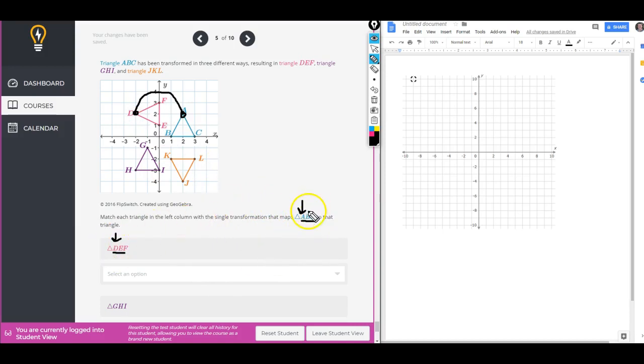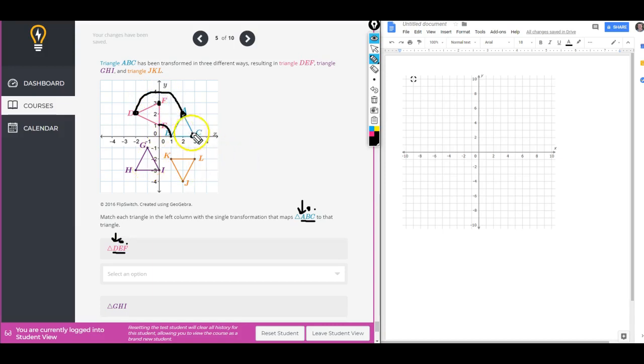So B's corresponding point is going to be point E. C is going to correspond to F. So I'm going to be comparing C to F.